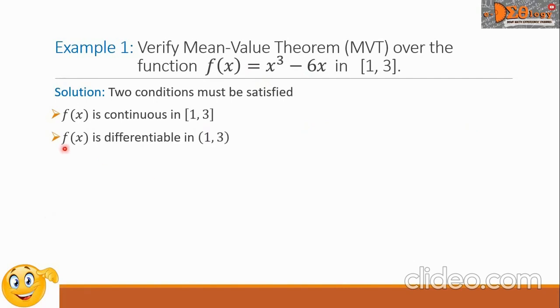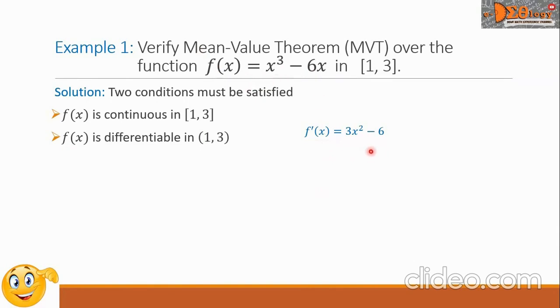Second condition, f of x is differentiable in the open interval from 1 to 3. It means if we take the derivative of this function, we have now f prime of x equals 3x squared minus 6. We can see here that our function is a polynomial function.